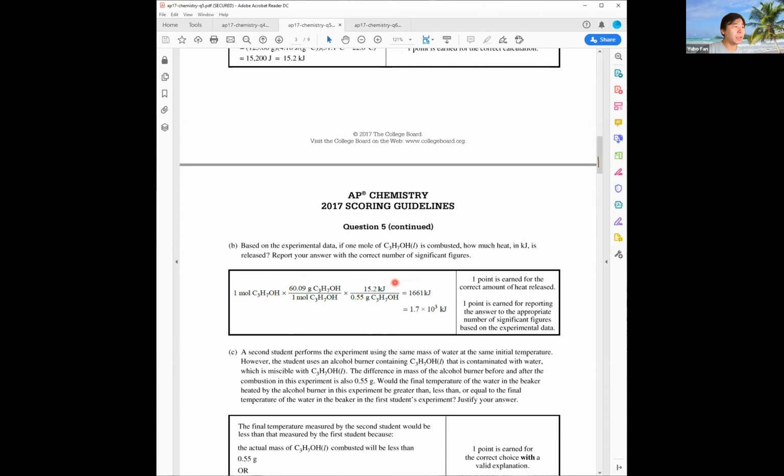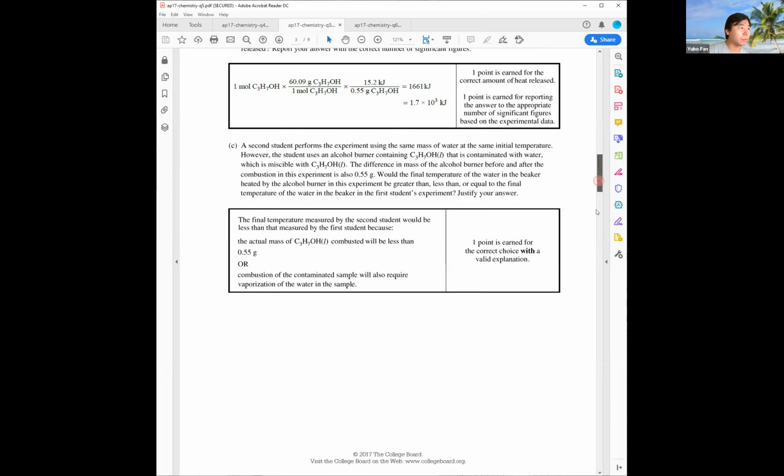Then the heat produced by the combustion divided by the number of moles of isopropanol gives you the heat released by the combustion of 1 mole of isopropyl alcohol. Here, this answer combines everything together, so it's a little bit confusing, but it's shown here.